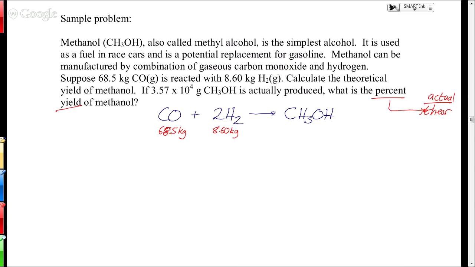That's fine. What about for hydrogen? Okay, that's reasonable.